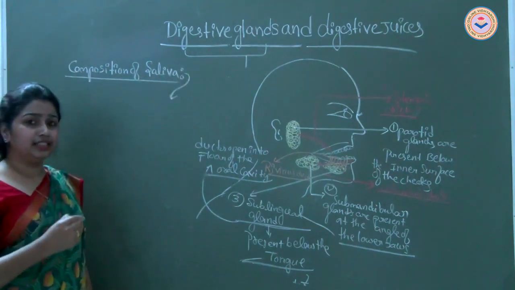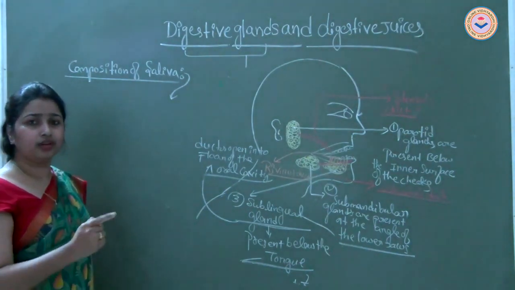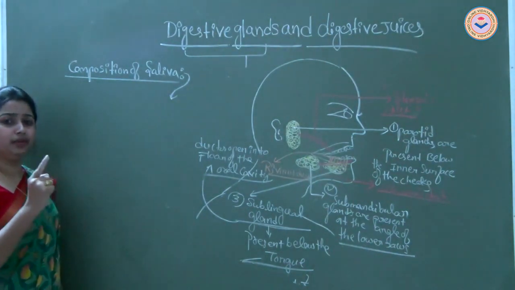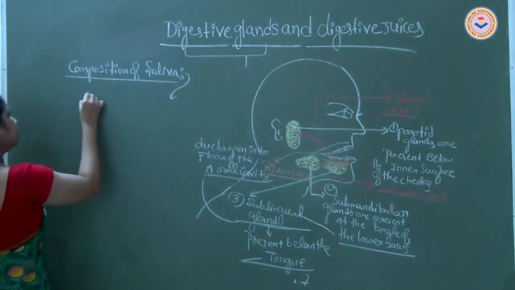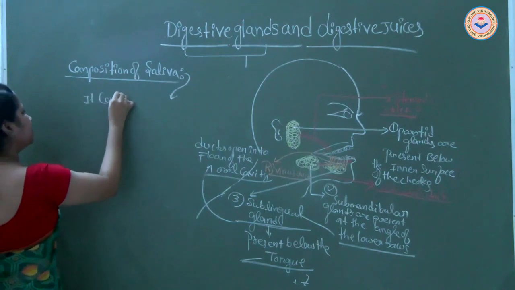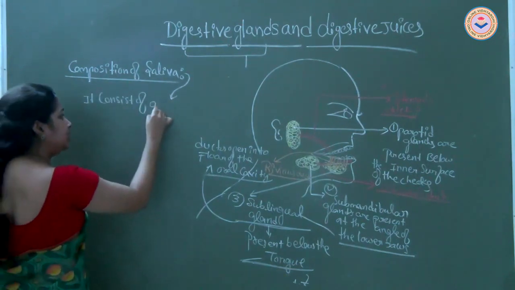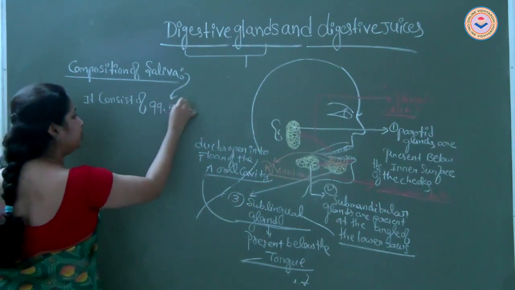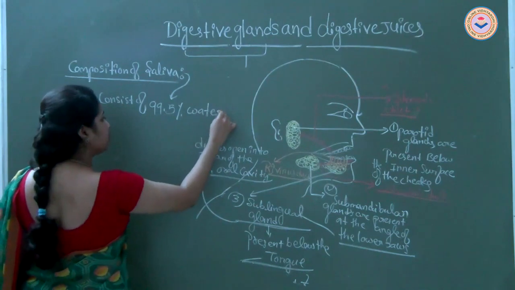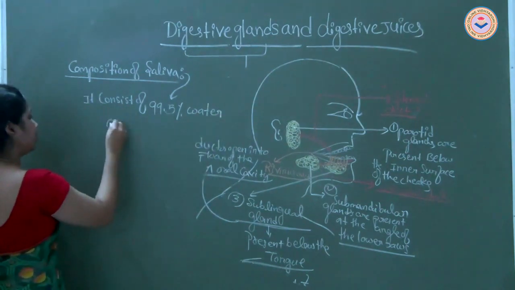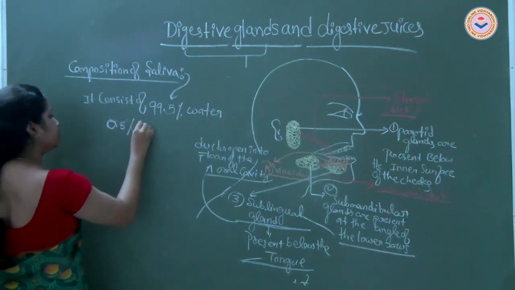Saliva consists of 99.5% water and 0.5% solids.